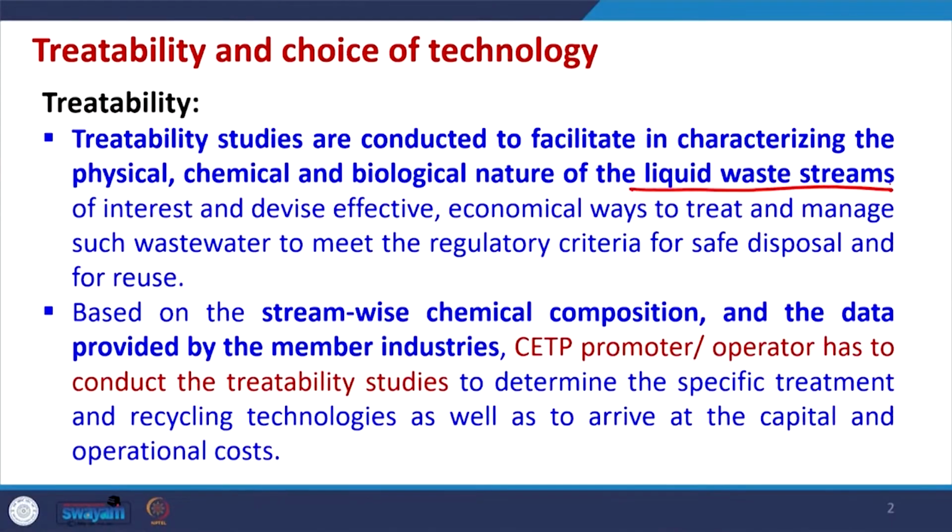So, treatability studies have to be conducted to characterize the physico-chemical and biological nature of the liquid streams generated after combining the different streams of different industrial clusters. Depending upon the stream-wise chemical composition, we may have a heterogeneous cluster or a homogeneous cluster. If it is heterogeneous, the streams may vary entirely in chemical composition, but if it is homogeneous, the composition will not fluctuate that much.